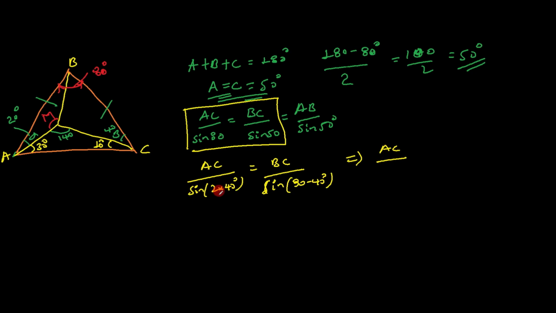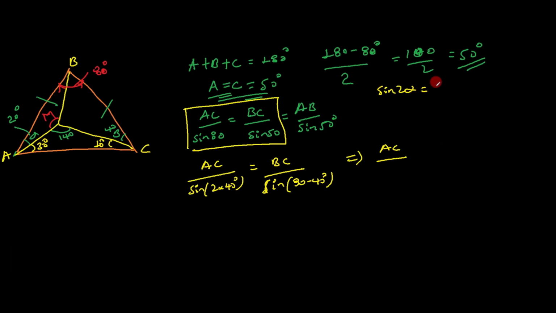Sine 2 alpha is 2 sine alpha cos alpha. Based on this, sine of 2 times 40° is 2 times sine 40 cos 40, right? Based on the sine rule.